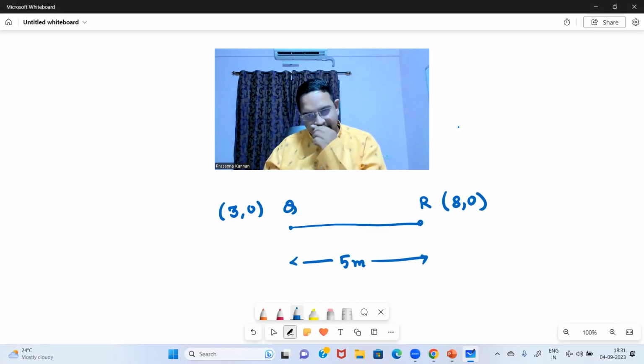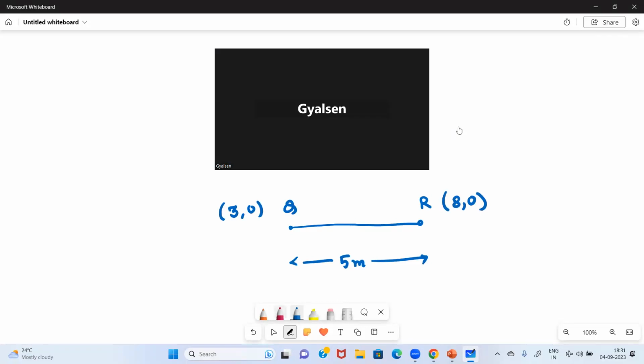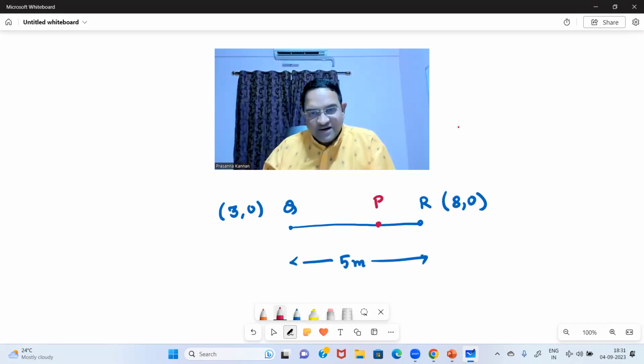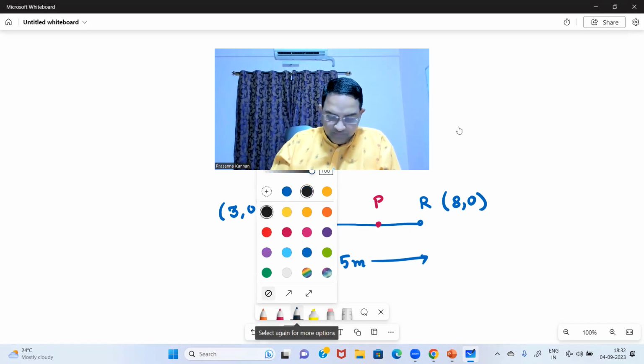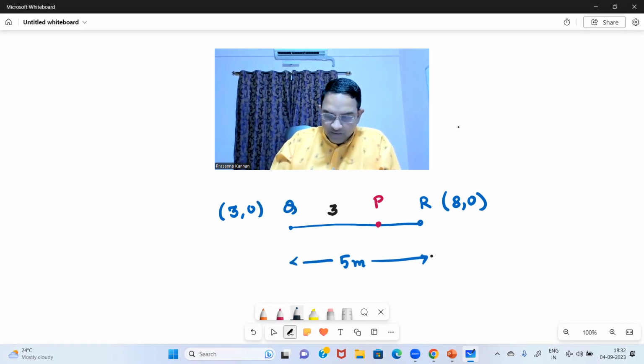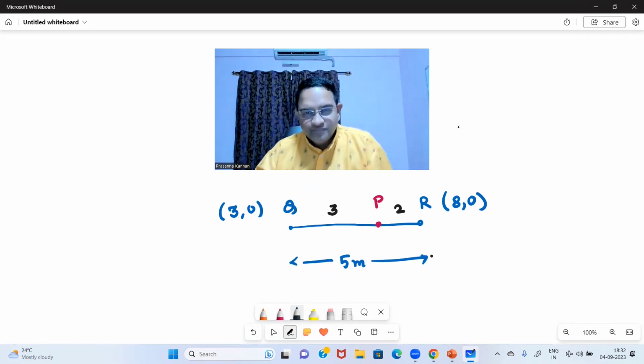Are you able to understand? Yes. Now let's say the point P divides this line internally in the ratio 3:2.